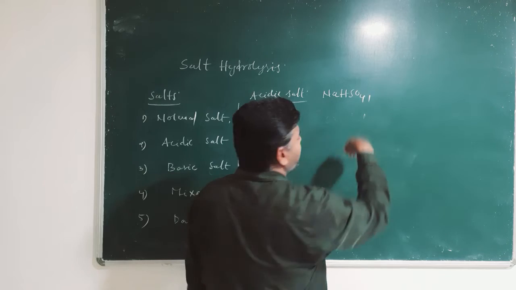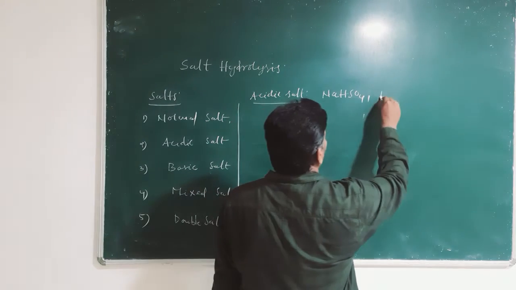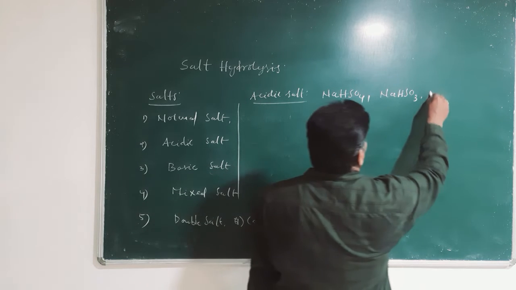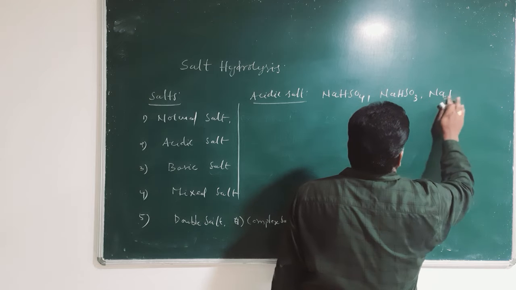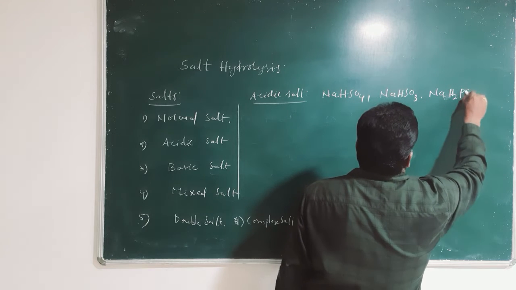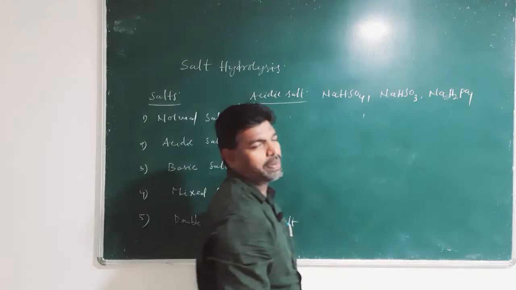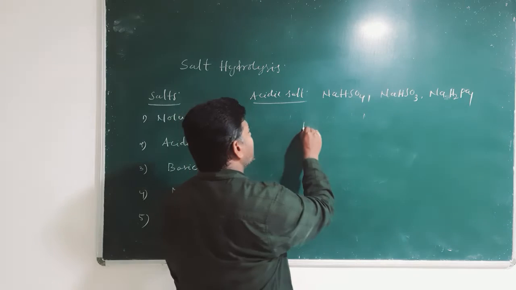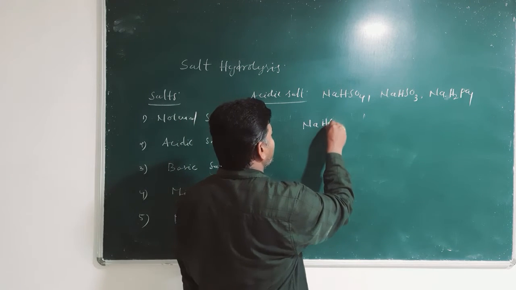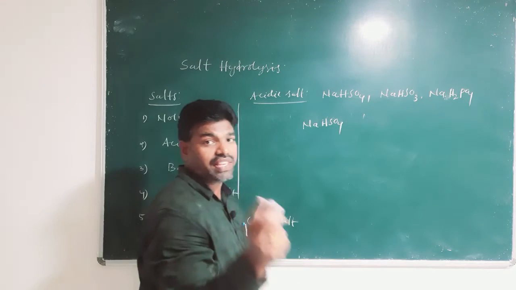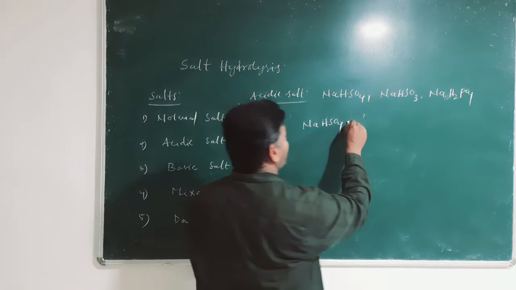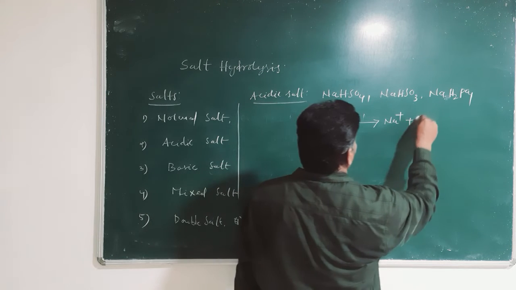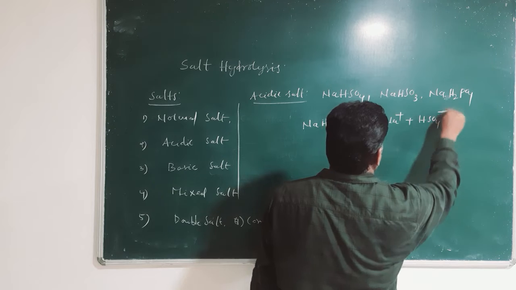For example, acidic salts are NaHSO4, sodium bisulfate, and NaH2PO4, sodium dihydrogen phosphate. If you take sodium bisulfate, NaHSO4, on its first ionization it releases Na plus and HSO4 minus ions.